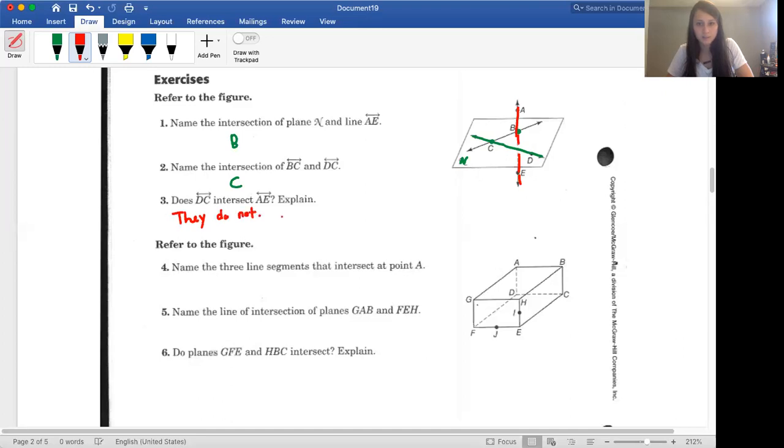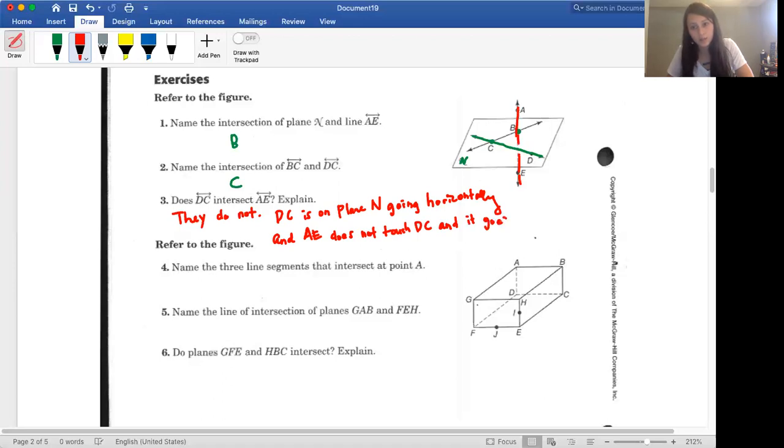And you could say DC is on plane N going horizontally, and AE does not touch DC, and it goes vertically. So you can just describe why they do not intersect. Sorry, my handwriting.